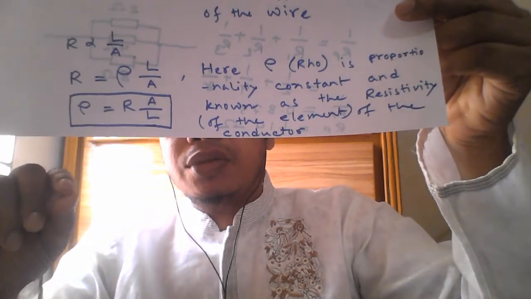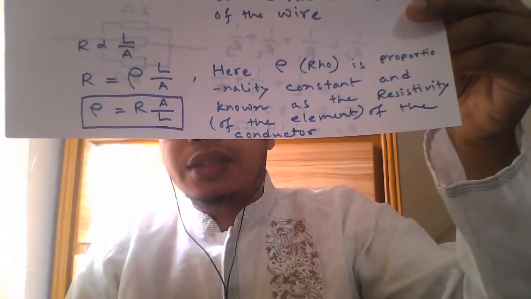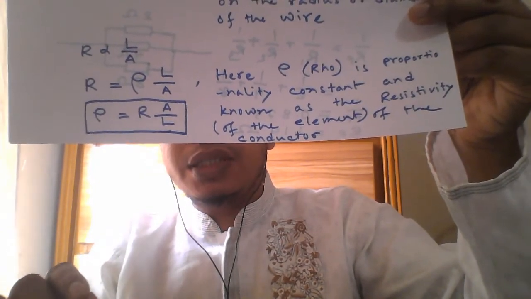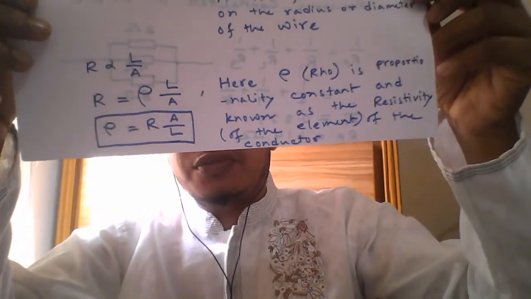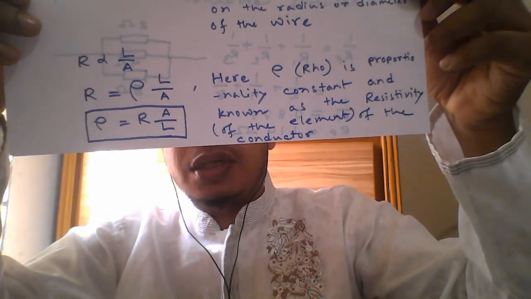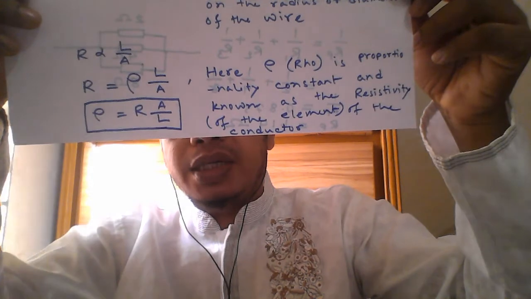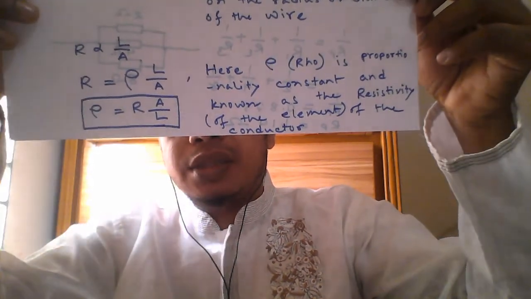Whatever the cross-sectional area or whatever the length is, always for the same element the resistivity is the same. And if you rearrange the formula, it comes resistivity, that is rho equals R A by L.